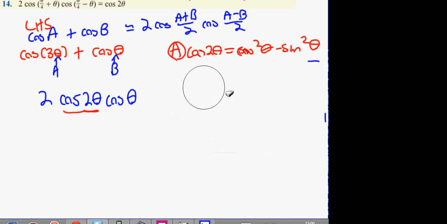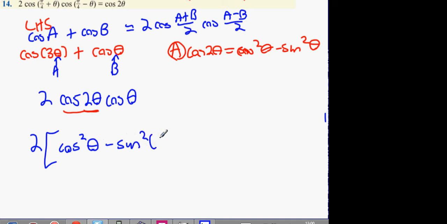So what you did was this instead. You said, okay, 2 brackets cos squared theta minus sine squared theta, cos theta.